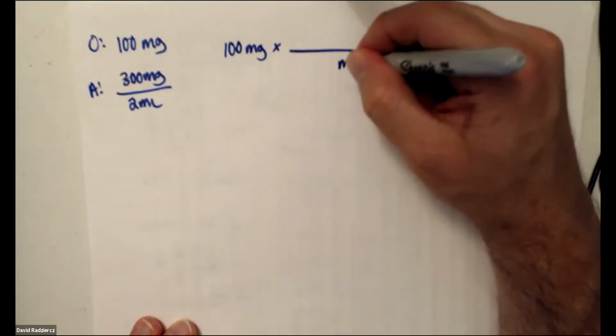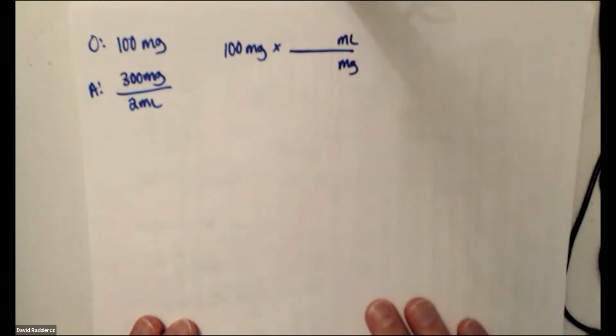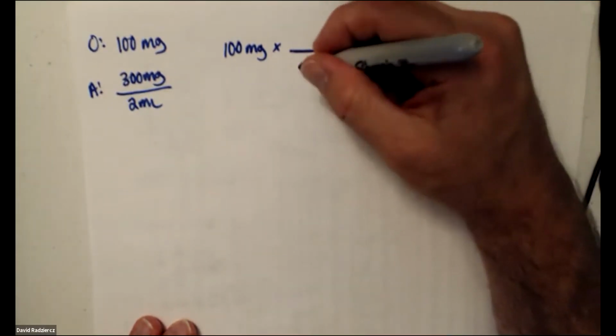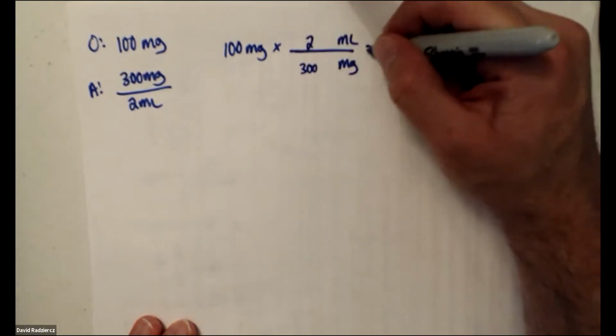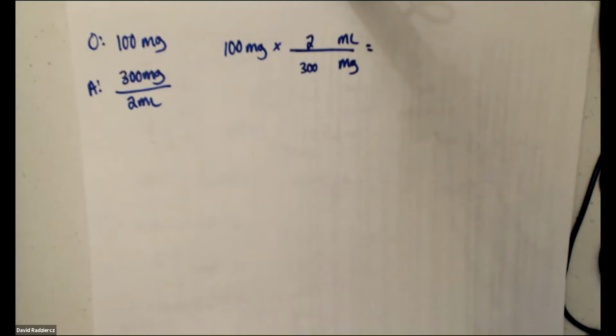I have milligrams over milliliters, because I'm looking for milliliters, so that also tells you where things go. Now I'm just going to take 2 times 100, which is 200, divided by 300.